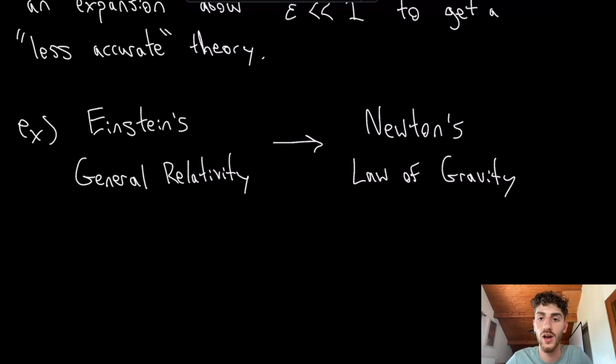Okay, so if you took high school physics, you would have learned Newton's law of gravity, and then later you might have heard that Einstein's theory of general relativity kind of proves Newton wrong. Technically Newton's wrong, but he's not, because Newton's law of gravity still shows up in Einstein's general relativity in the limit of some parameter being small. So in this case, if you're not talking about black holes, if you're not talking about extremely strong gravitational fields, then the gravitational force becomes what Newton said it was.